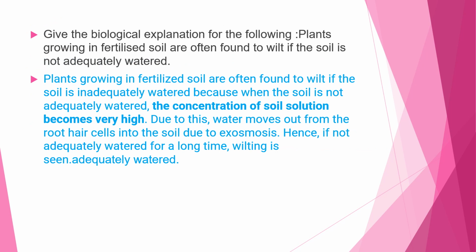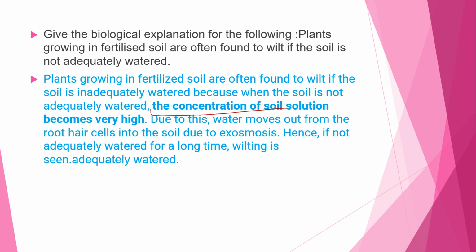Now next comes: give the biological explanation of the following. Plants growing in fertilized soil are often found to wilt if the soil is not adequately watered. Because when the soil is not adequately watered, what is happening?